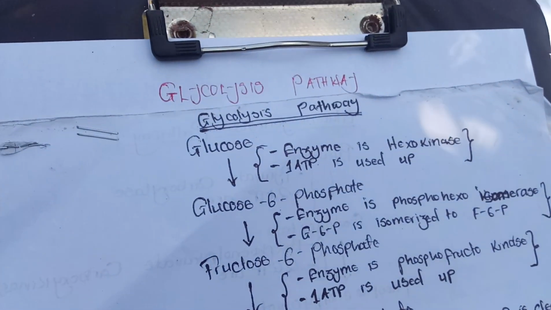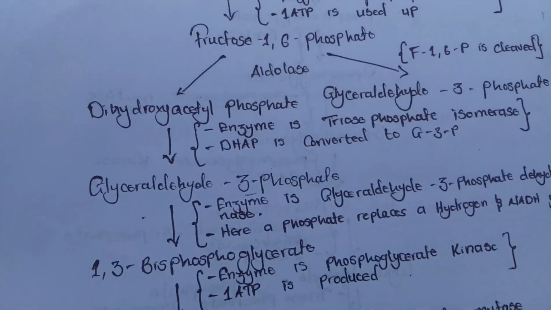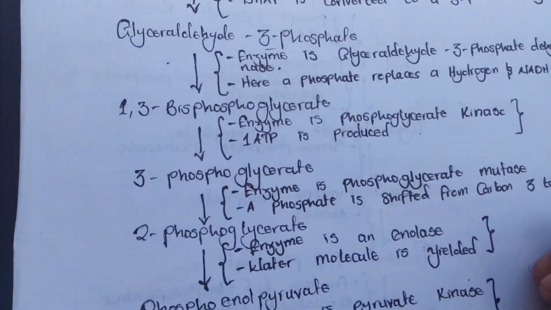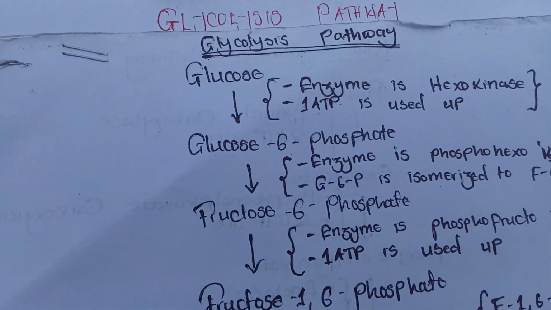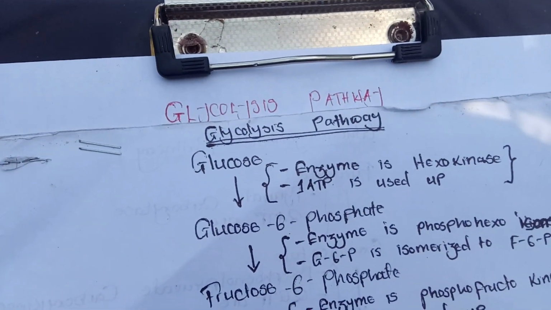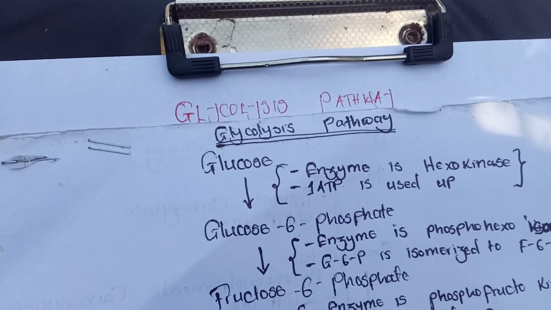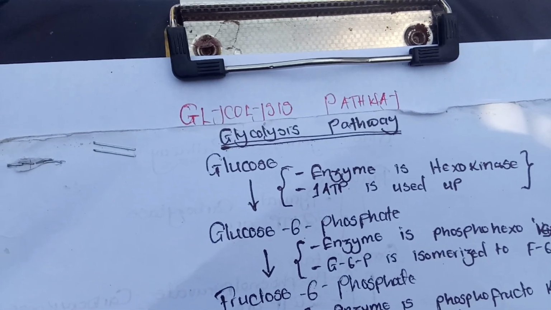So as you can see, this is a series of 10 steps like that. We're going to talk about each step one by one. But before I begin that, this series of 10 steps is actually divided into 2 phases. So we have the investment phase and the payoff phase.